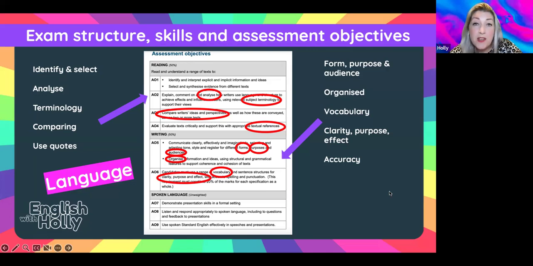The vocabulary that they use, is it sophisticated? Have they written with clarity, purpose and for effect? I think that one is just always, does it sound good? Is it fancy? And accuracy as well, which I didn't highlight with a red circle because it's hidden underneath the line underneath vocabulary. But yes, technical accuracy is important too.